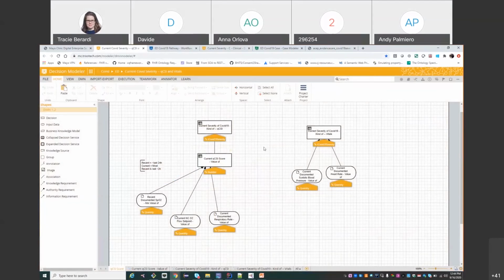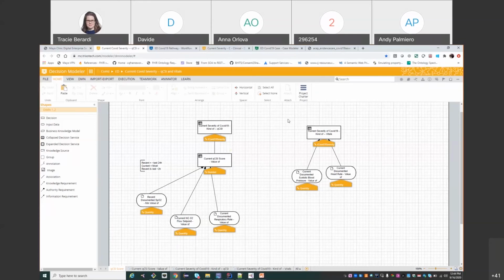So the idea of the multi-criteria assessment, trying to determine the severity of the patient's COVID case from the QCSI score, a quick index based on a few very simple aspects like the respiratory rate, if the patient is on an oxygen supplement, how much they're getting, and their oxygen saturation.